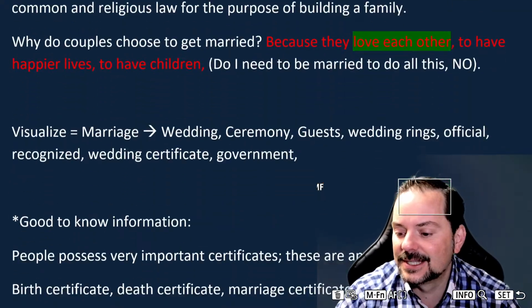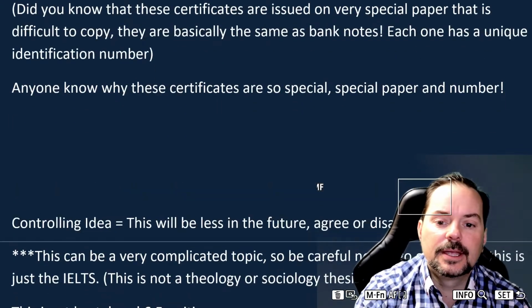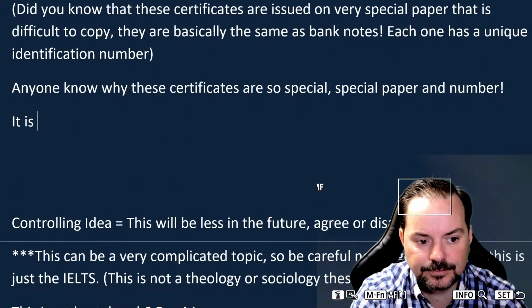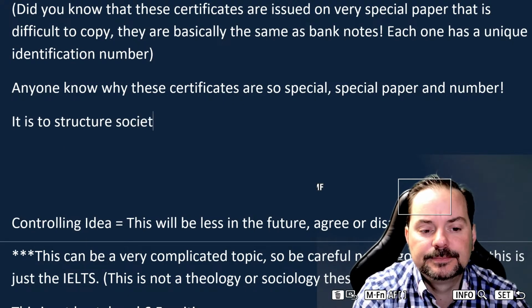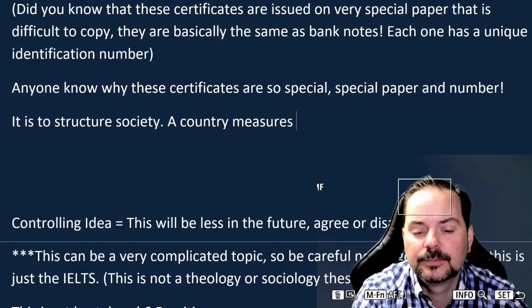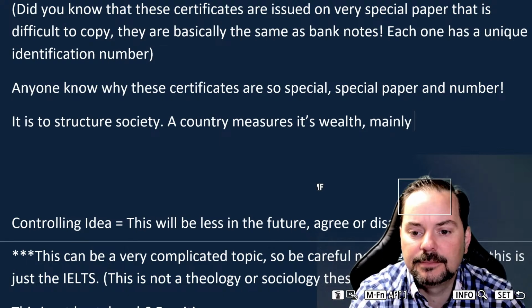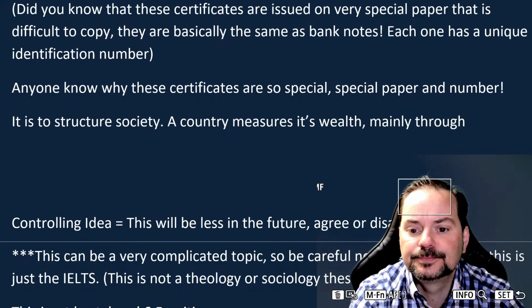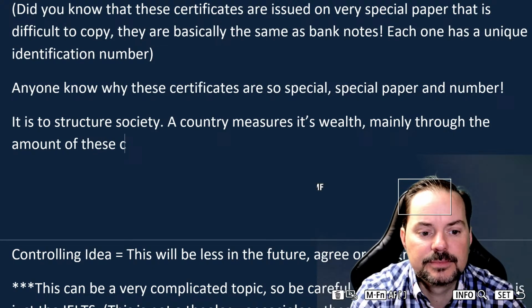Ghazi says it's for statistical matters. Yes. It is to structure society. A country measures its wealth mainly through the amount of these certificates.